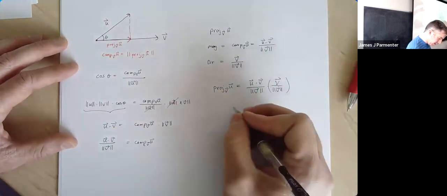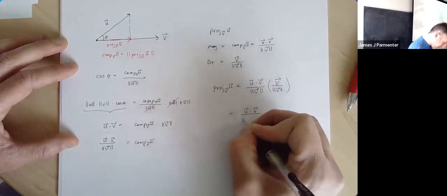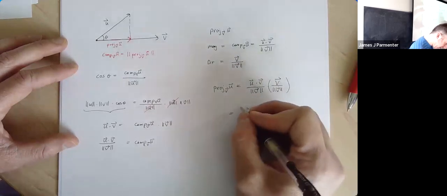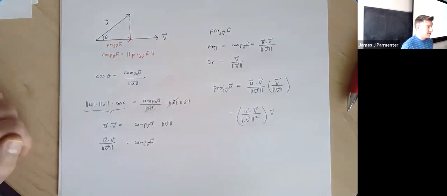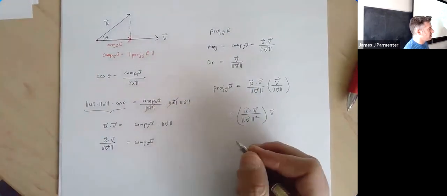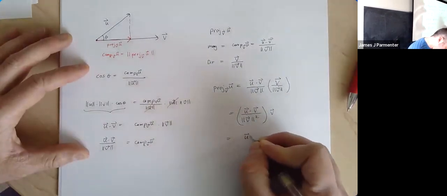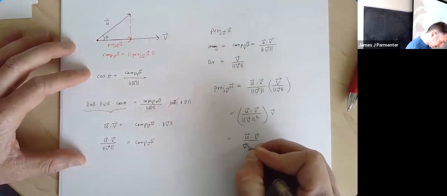Or as is often written, u dot v over the magnitude of v squared, all times the vector v. Here's a fun fact. I say fun fact too much, but anyways, it is a fun fact. The magnitude of v squared is just the vector v dotted with itself.